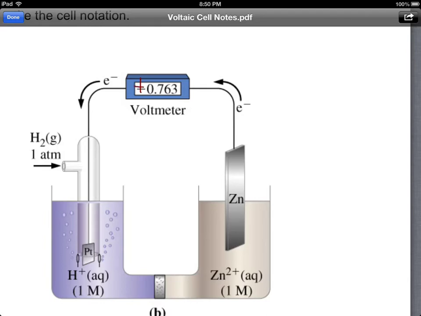But we give it a half reaction reduction potential compared to hydrogen as a negative, and the negative simply tells us that the zinc is less likely to be reduced than the hydrogen is. It's not going to be the oxidizing agent. It's going to be oxidized itself, and the hydrogen in this case is going to be reduced. So that's where those numbers come from.